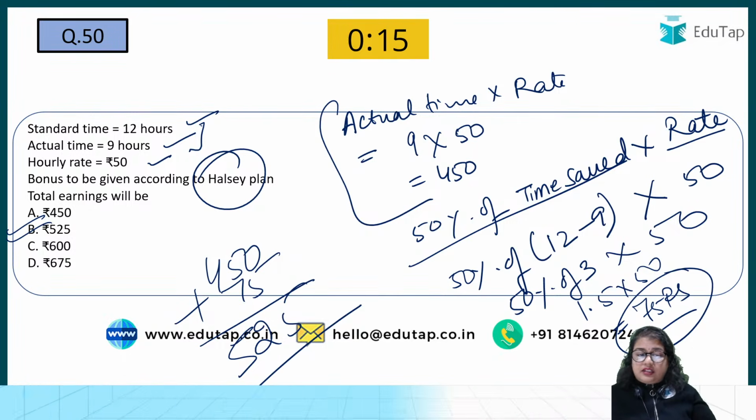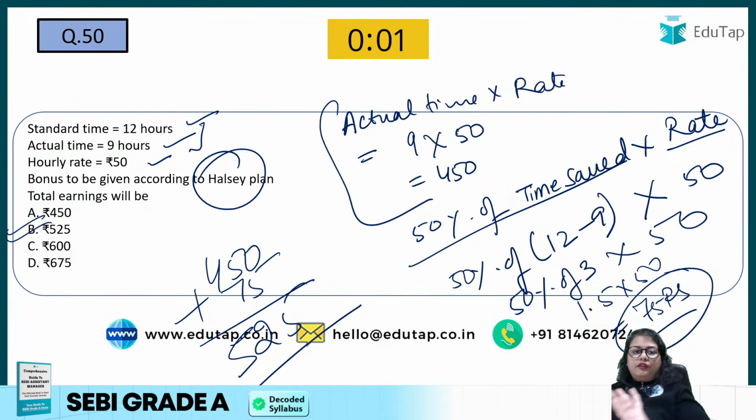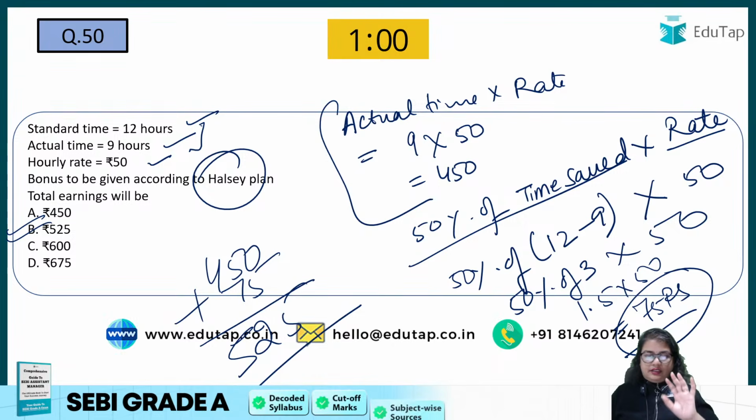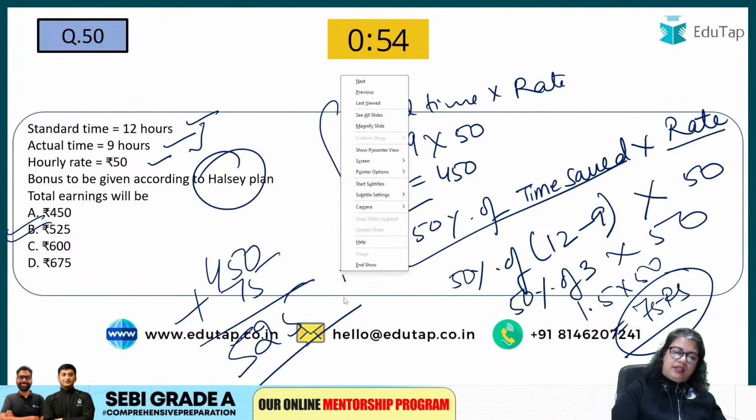If you don't understand the formula, if you don't remember the formula, it will be very difficult. First of all, you have to calculate the normal. Normal is the same in all the plans: actual time into the rate. What is the actual time? 9 hours into 50 rupees, 50 rupees is the hourly rate. That is 450 rupees, which will be given for sure. But bonus is to be given according to Halsey plan, so we calculate the bonus separately.